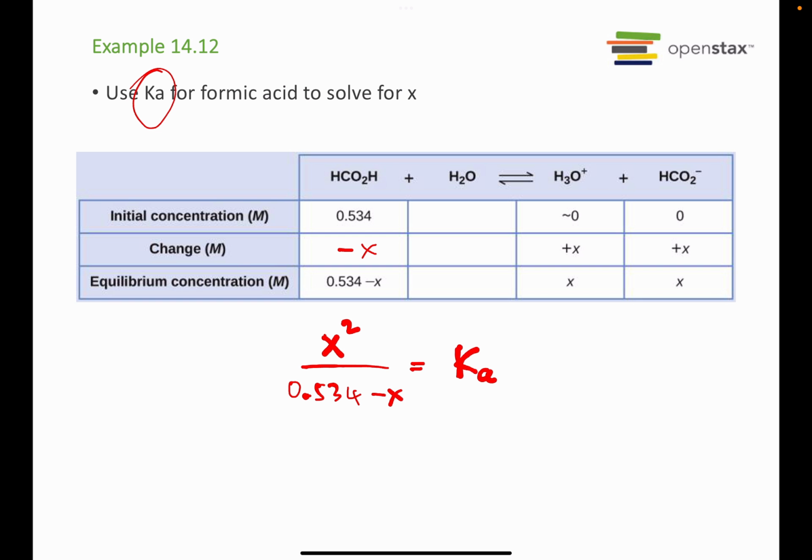And most of the time, we can neglect the x in the denominator if x divided by 0.534 times 100, right, is less than 5%. And plug in the value of Ka, we solve for x, okay?